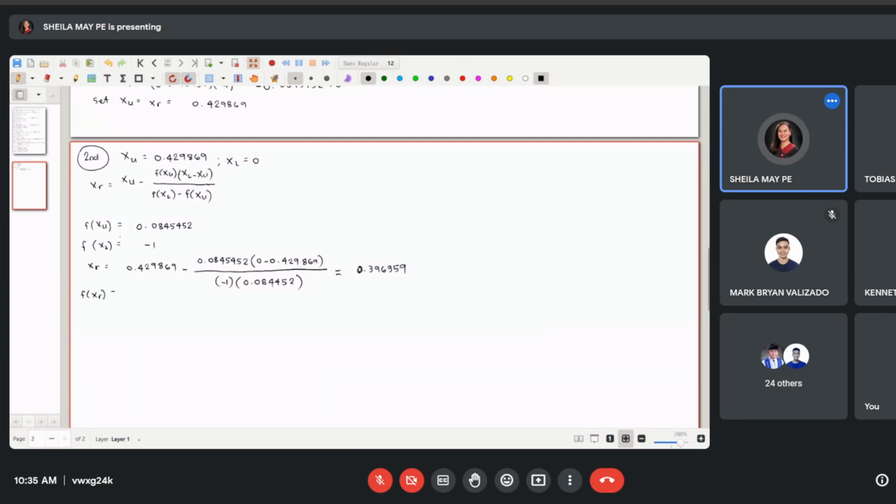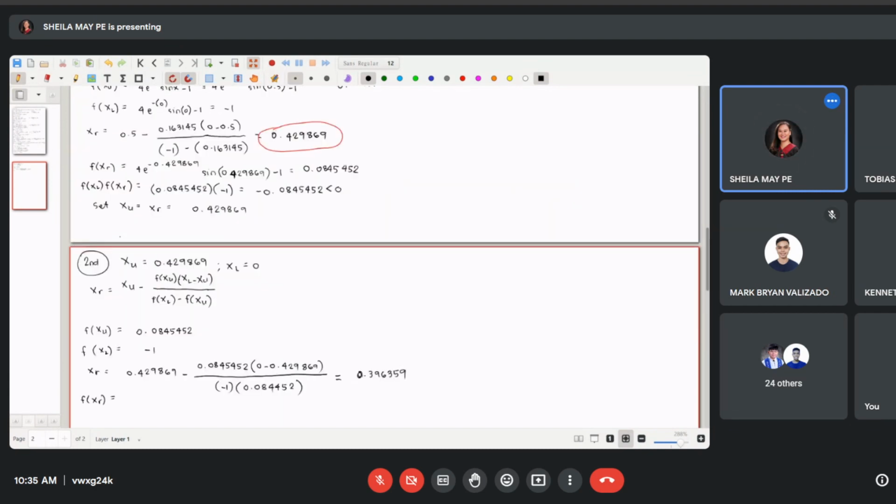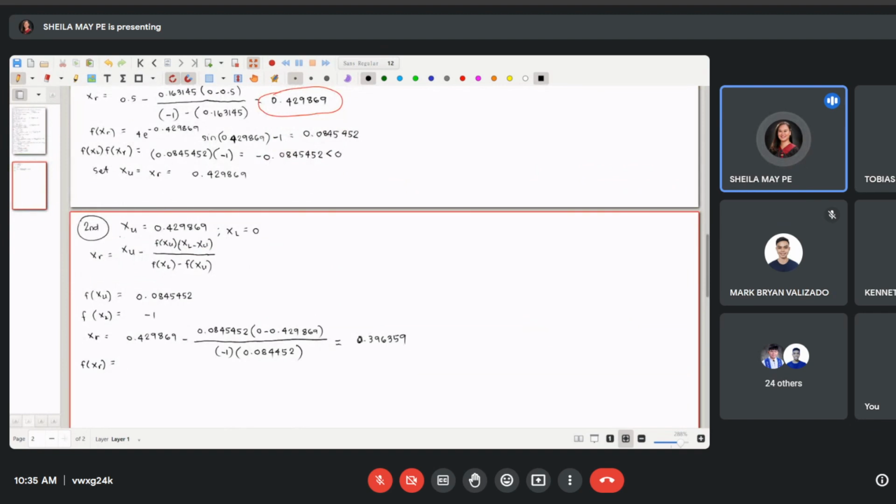Function of our x sub r. So that's 4e raised to the power of 0.396359 sine of 0.396359 minus 1.